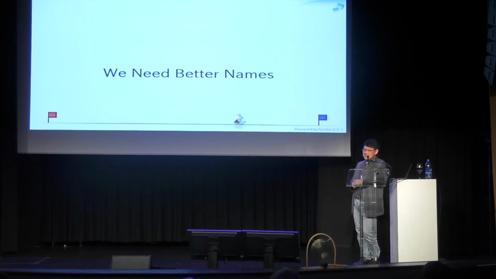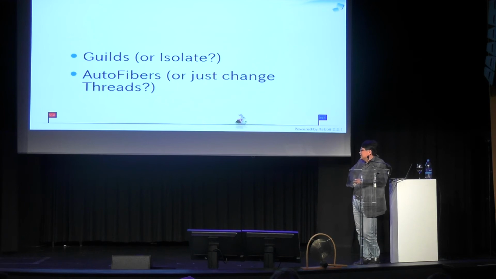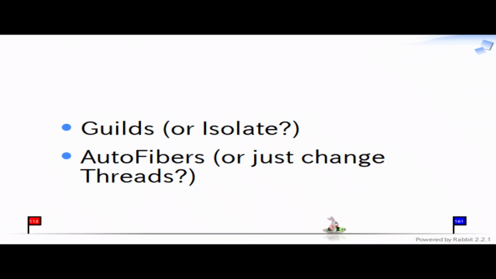But we are not satisfied with those names, Guilds and autofiber. So we need better names. I don't know, maybe isolate is a better name. But Koichi, who is working on Guilds, doesn't really like the name. Autofiber is a fiber or coroutine which context switches on blocking I/O operations.